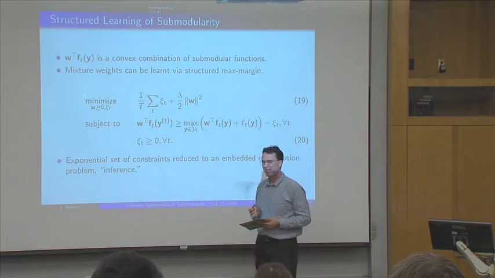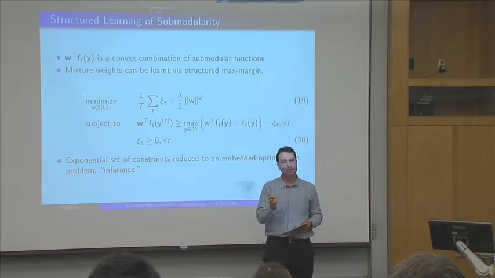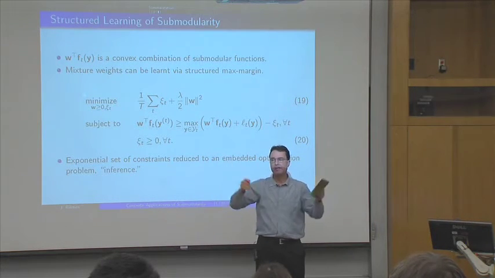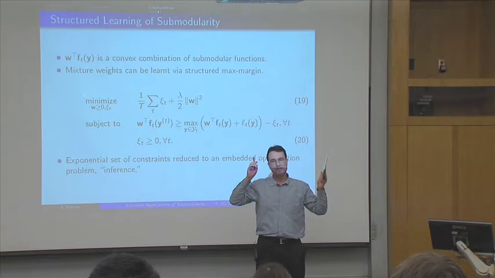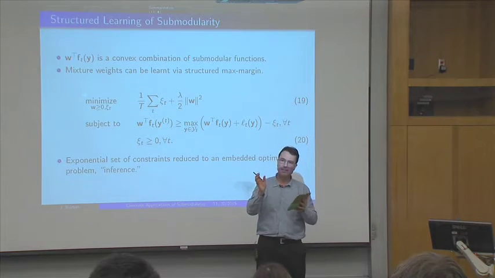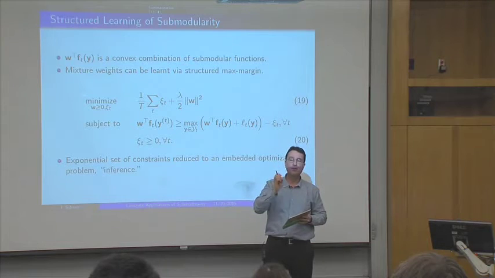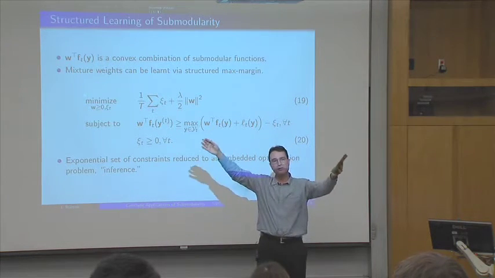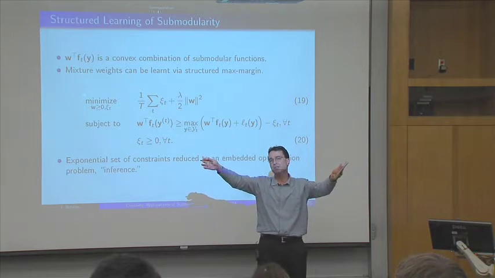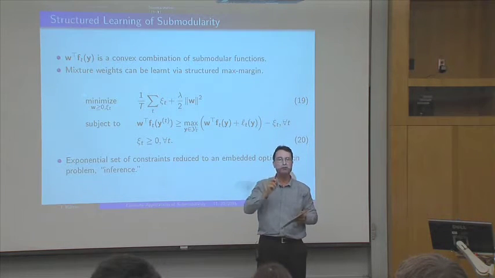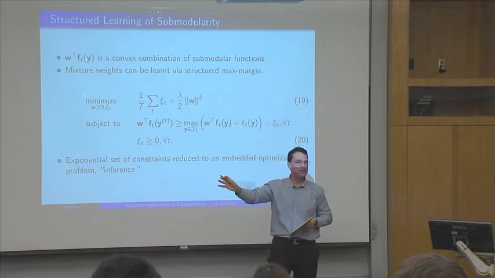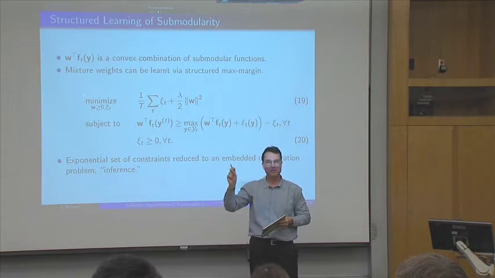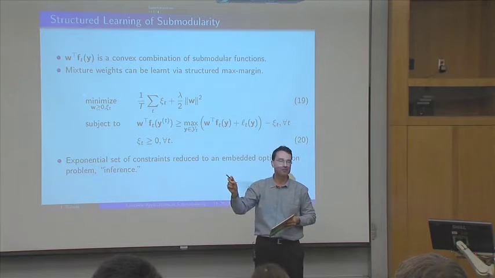The basic idea is that there have been some negative results that say submodular functions live in a space of R to the 2 to the n, right? So it's a 2 to the n dimensional space. And if you try to learn everywhere within this space, it's actually a cone, which is a subset of R to the 2 to the n, it turns out that learning is actually hard. It's actually hard to learn a submodular function.